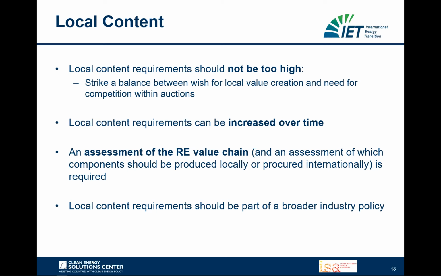So you should have some additional enhancing mechanisms, for instance, creating some special economic zones for solar PV companies or other parts which are normally part of broader industry policies. So you cannot just assume that by writing local content requirements into your auction design will actually help you to become a major player in the global solar PV market.